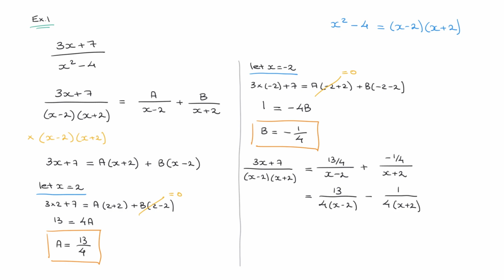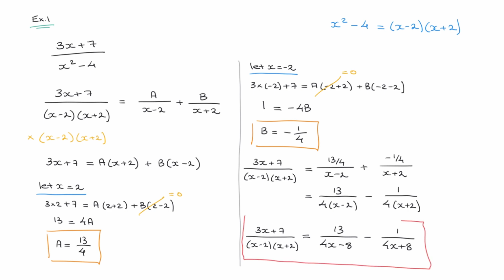Finally, distributing those 4's across those two denominators, we can state that that's equal to 13 over (4x minus 8) minus 1 over (4x plus 8). And as such, that's the final answer, which I could go ahead and box like this. There we go. We've successfully carried out the partial fraction decomposition of this fraction.